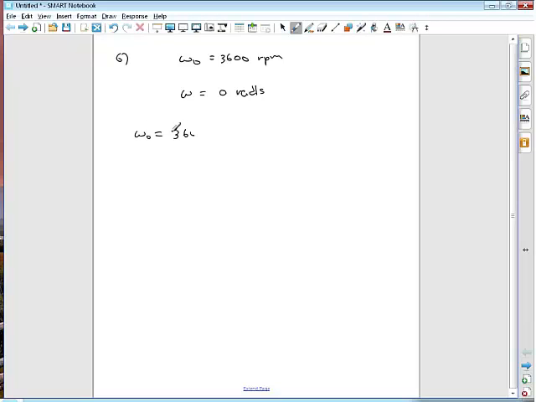So 3,600 revs per minute. And usually you can remember because revolutions per minute is going to be higher than radians per second. But anyway, you know you multiply by 2 pi and divide by 60. But we're going to go ahead and figure it out here if you forget that.